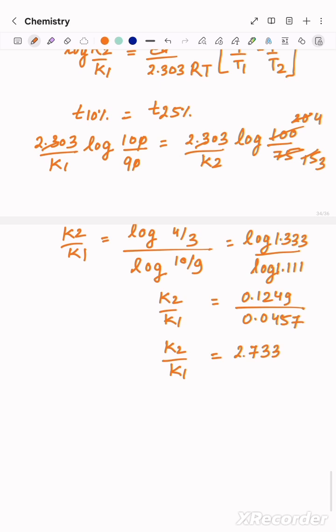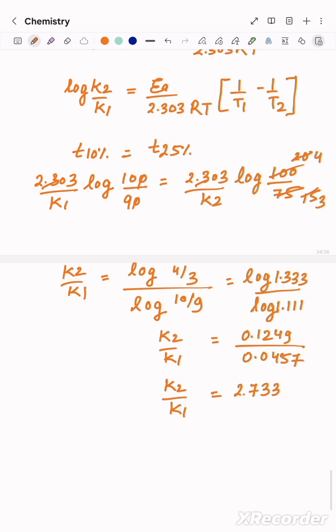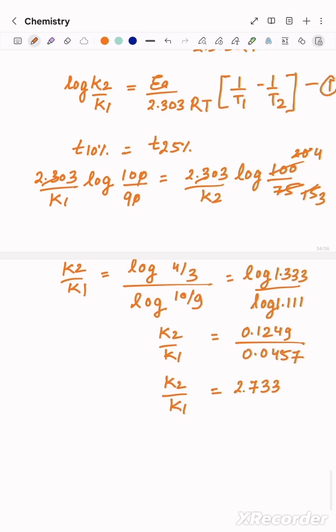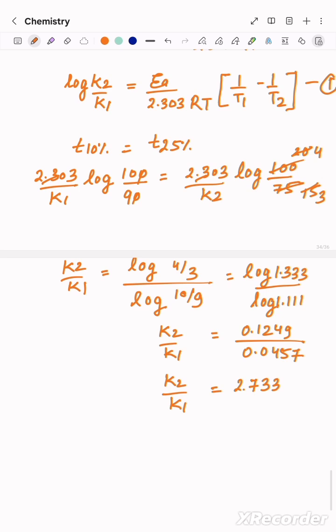Now we put this value in the first equation. So log K2 by K1, that is log 2.733, is equal to EA, which we have to calculate, upon 2.303 R, where R is the gas constant, 8.314.